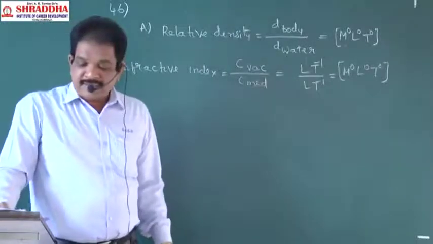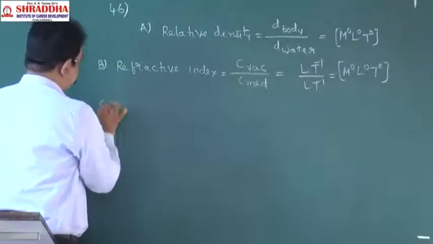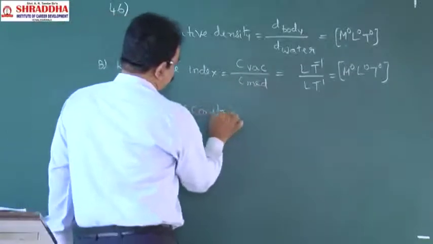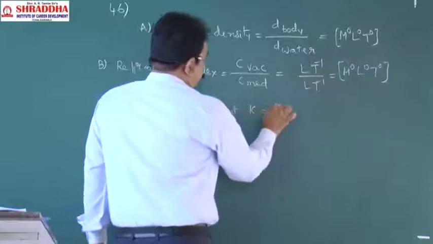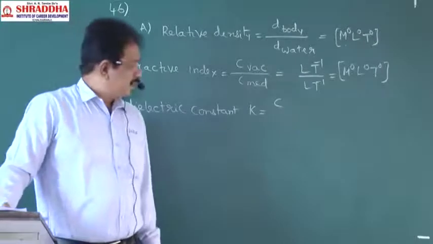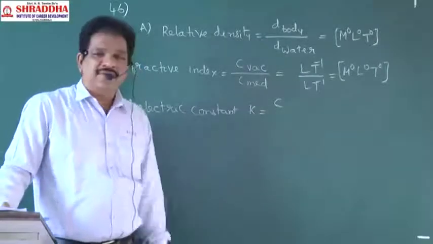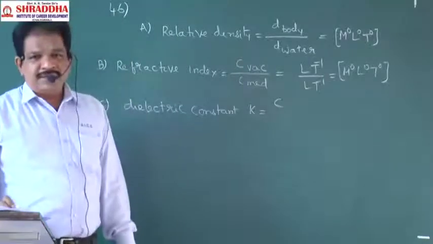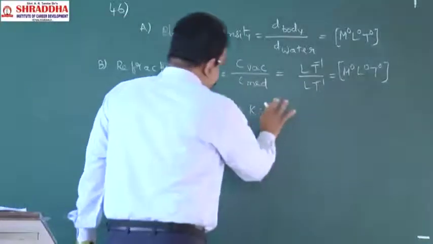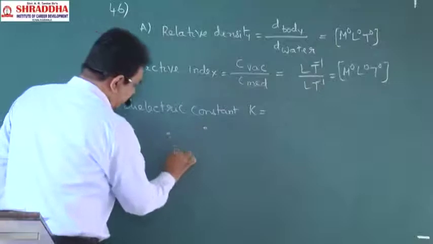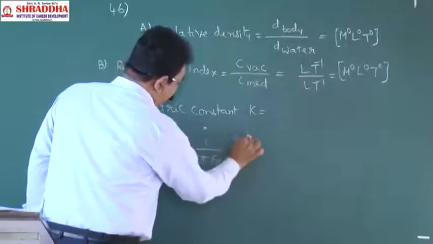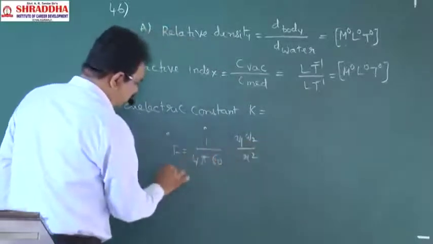Next, dielectric constant. Then this value can also be represented in terms of capacity, and in terms of force. When two charges are kept in the air, the force between them will be 1 by 4 pi epsilon naught Q1 Q2 by R square in vacuum.